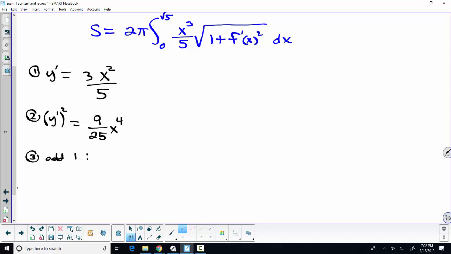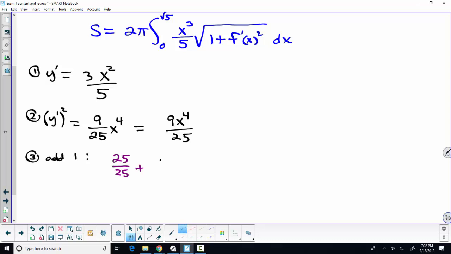Typically with these problems, we would want to add 1 in the form of adding these two fractions together. So here we would probably want to start with adding 1 as 25 over 25.